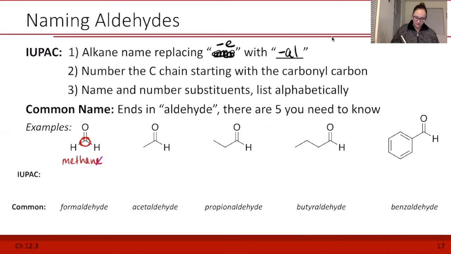So the name for this, according to IUPAC, is methanal. Okay, let's try the second one. Again, we are not going to number because there are no choices here, but we have 2 carbons, so it would be ethane, but we drop the E, so we have ethanal.